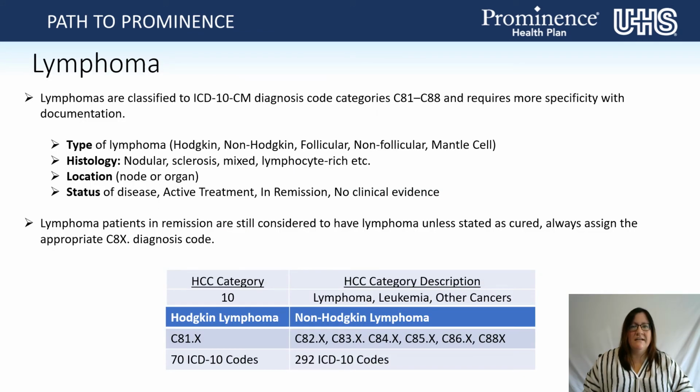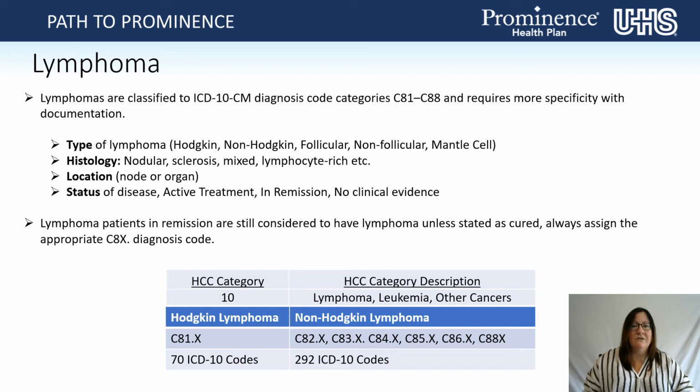Lymphomas are classified into ICD-10 diagnosis categories C81 through C88 and require more specificity in your documentation. Your documentation should show the type of lymphoma. Is it Hodgkin, non-Hodgkin, follicular, non-follicular, mantle cell, etc.? What's the histology?